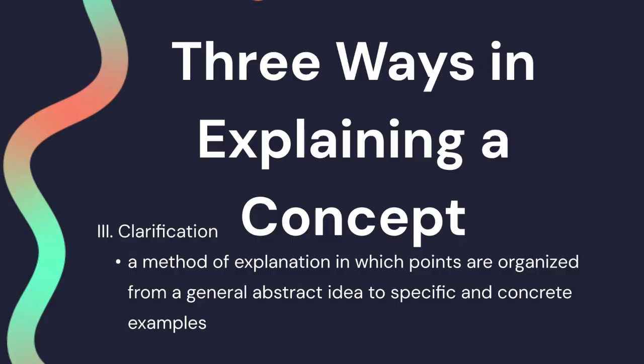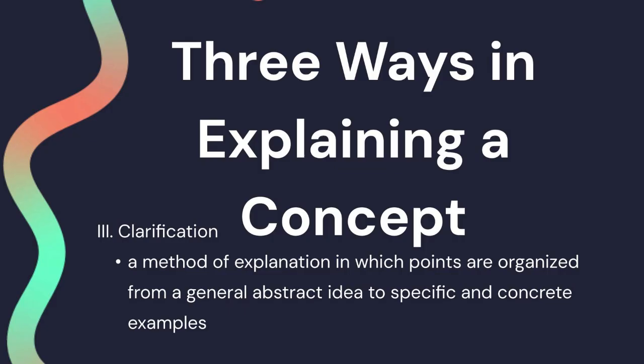Another way in explaining your concept paper is using clarification. Clarification is a method of explanation in which points are organized from a general abstract idea to specific and concrete examples.